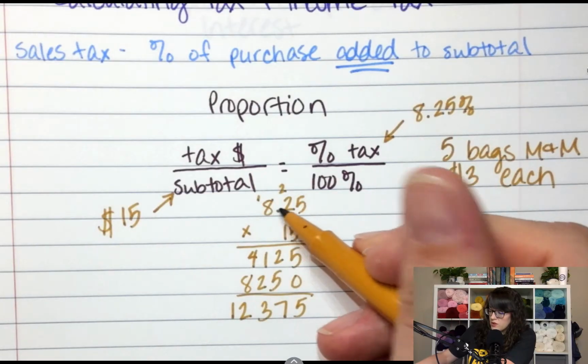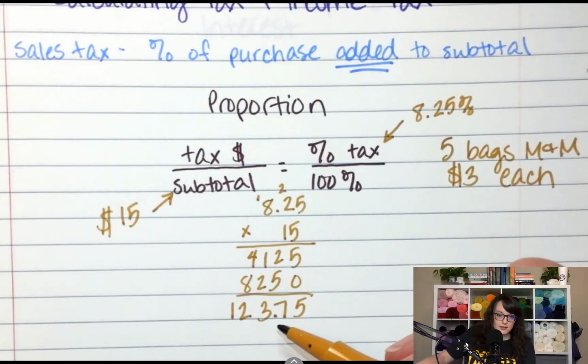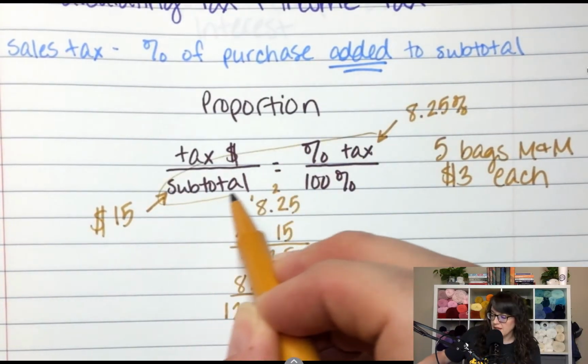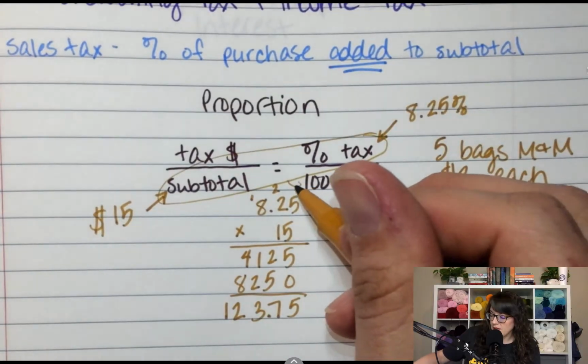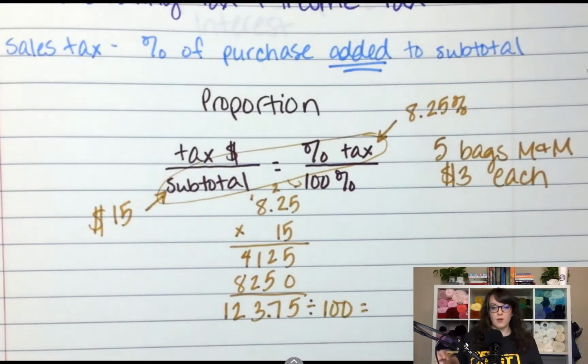Now this is not tax. Now I divide by 100 because remember we cross multiply and then divide by 100. So what is that divided by 100?